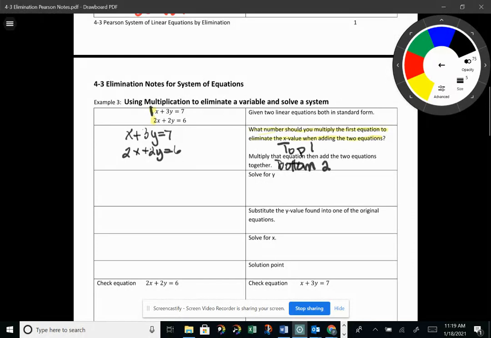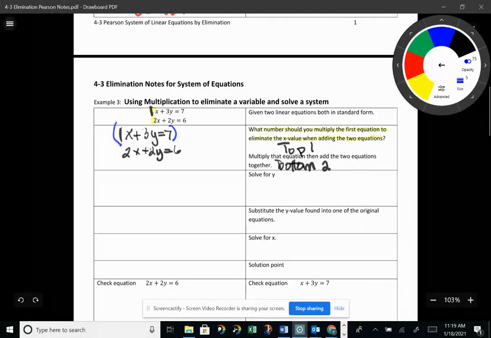I'm going to put the 1 in front of that x so you can actually see it. Now, here's the thing. This 1 is going to be moved down here, and this 2 is going to get moved up there. So what is now on the bottom gets moved to the top, and what's now on the top gets moved to the bottom. Those are the coefficients of x, the numbers in front of x.